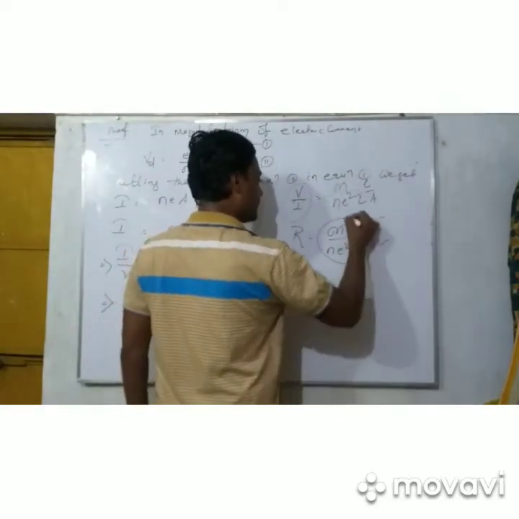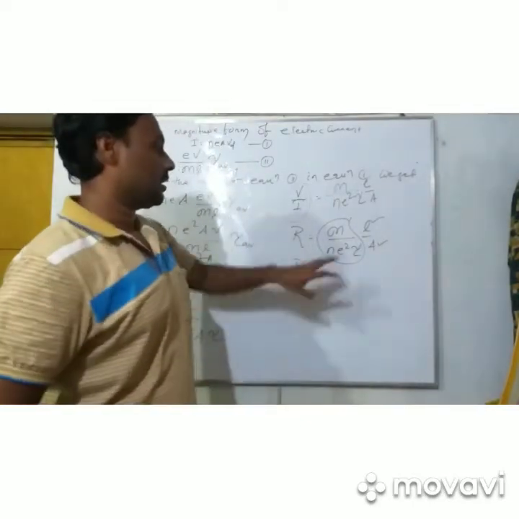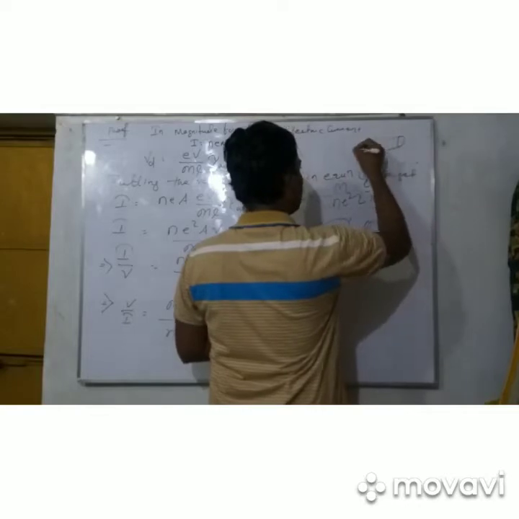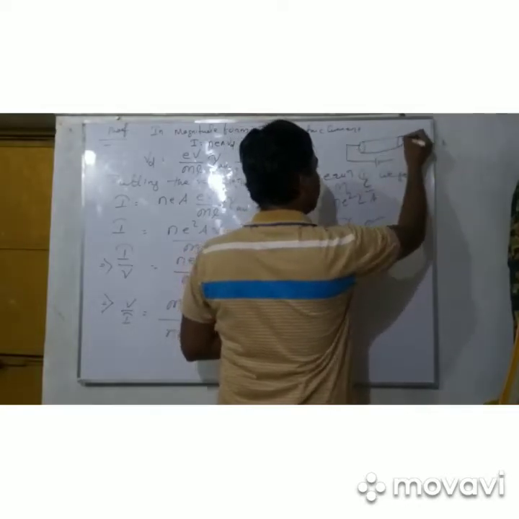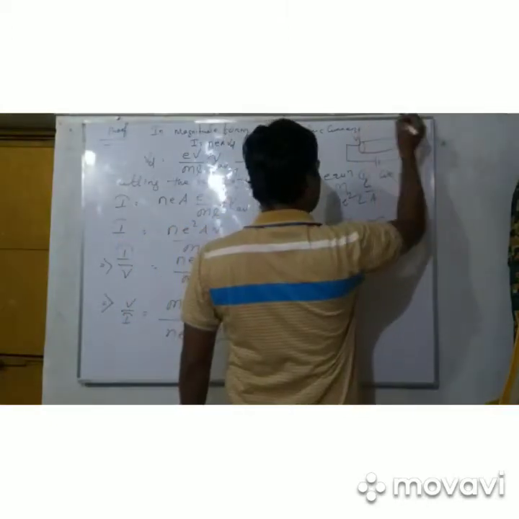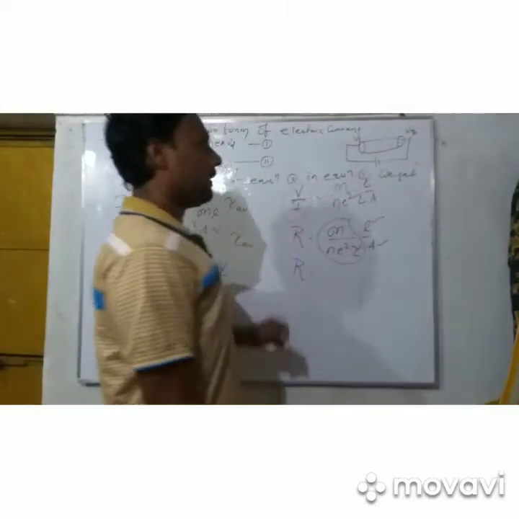So that term represents a constant quantity, because in a particular given conductor, suppose this is the conductor, we apply a potential difference across the conductor at a given temperature.